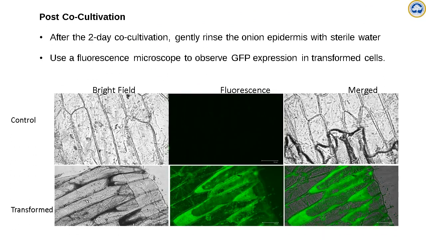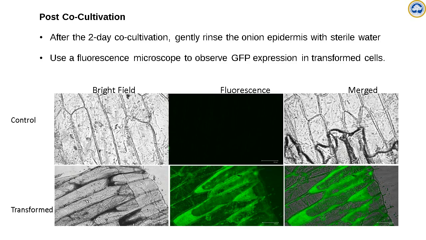Here we see the expression of GFP. The first panel is the control panel, where we have three categories of pictures: one is the bright field, the second is the fluorescent image for GFP, and the third is the merged image of the bright field and the fluorescence.